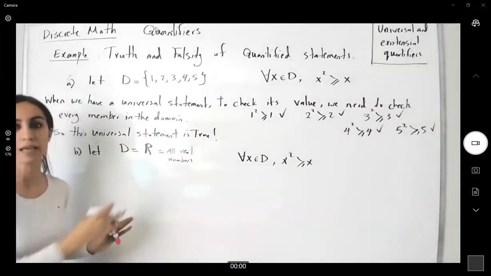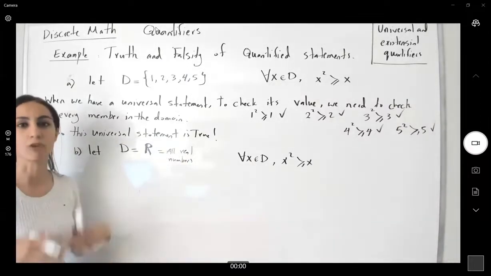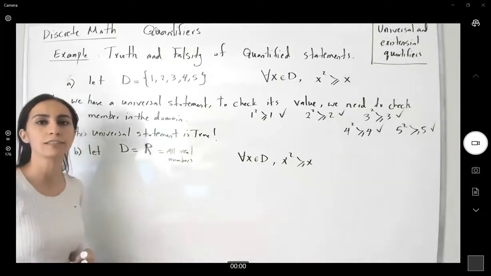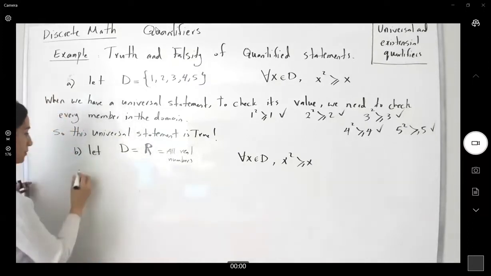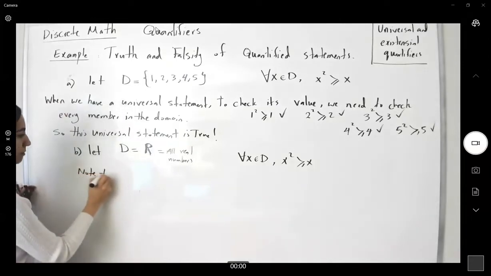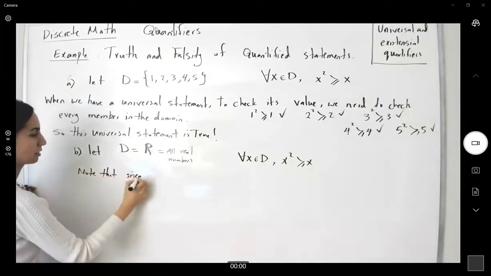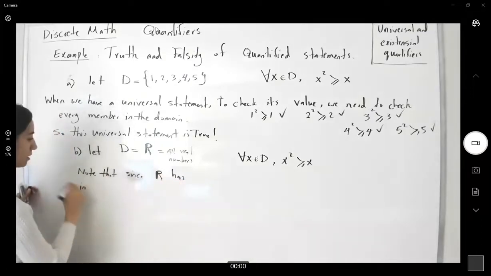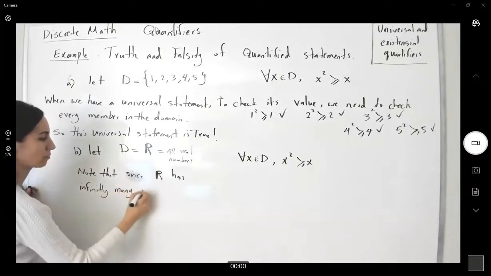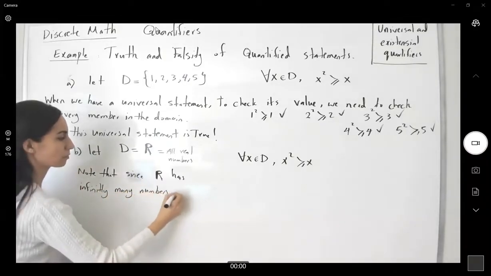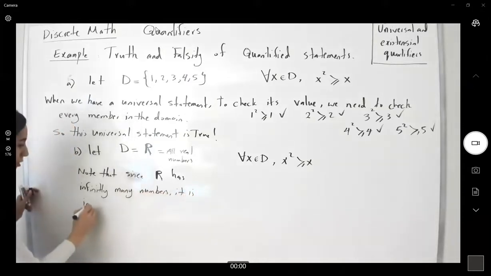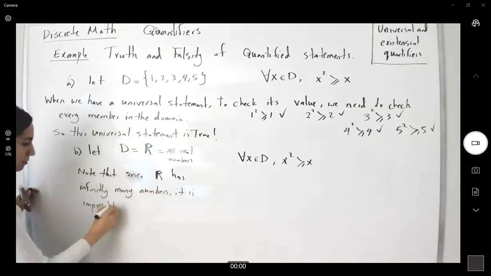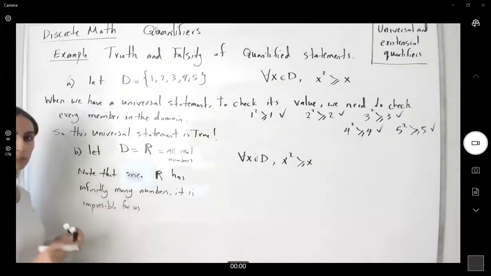In these cases, it's easier for us to try to find a counter example. Note that since R has infinitely many numbers, it is impossible for us to check each member.